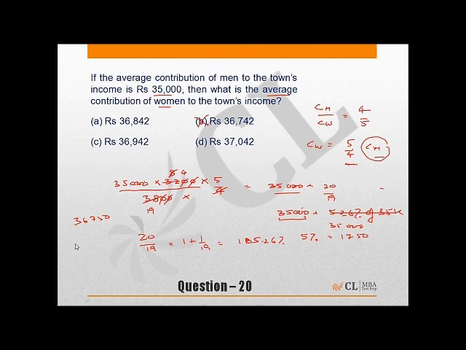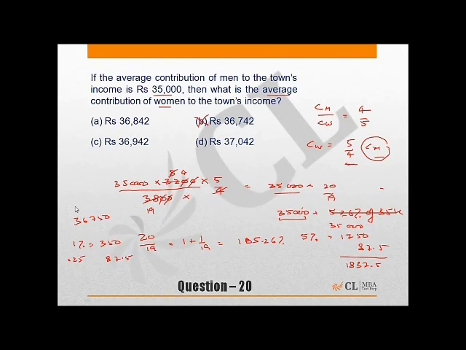So 10% we have already said is 3,500. 1% is equal to 350. 0.25% will be 1/4 of this. Half of 350 is 175. Half of that is 87.5. So another 87.5. So 1,750 plus 87.5 makes it 1,837.5.